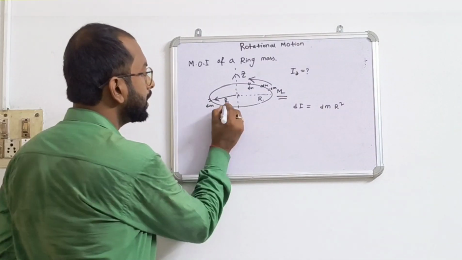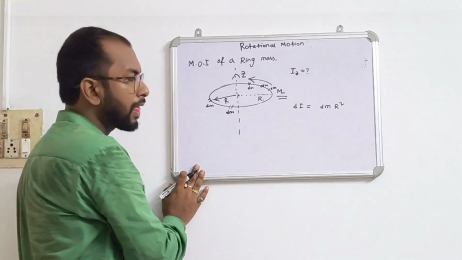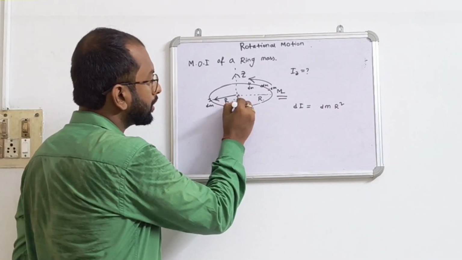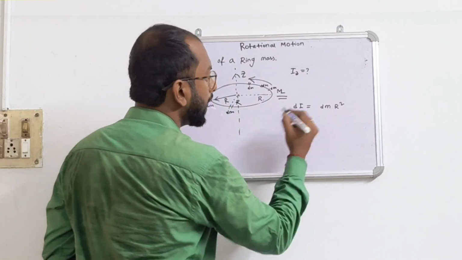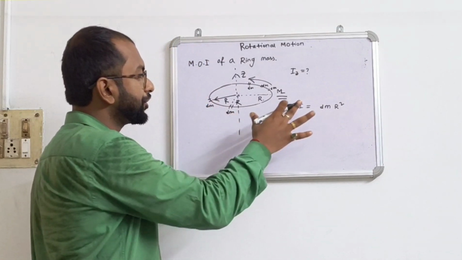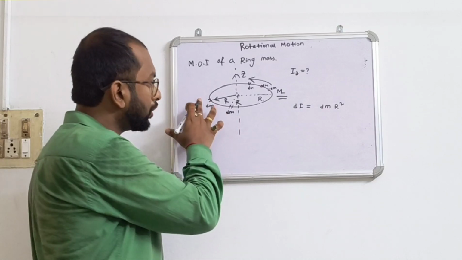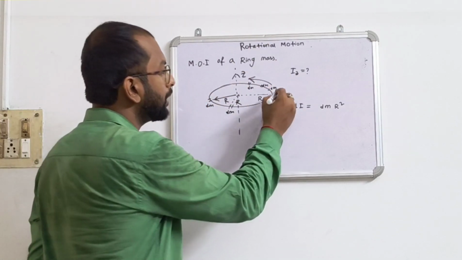Now similarly, if you are interested about dm mass here, this is also at distance r from the axis of rotation. So I have to again add up all this moment of inertia. That means I have to take a summation of all this moment of inertia of small masses, and that will constitute eventually a big mass m.